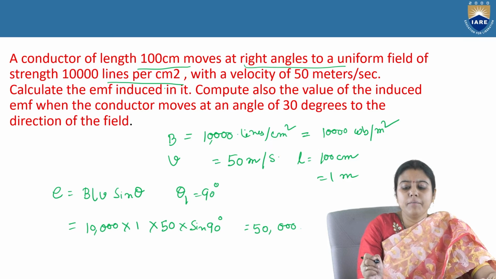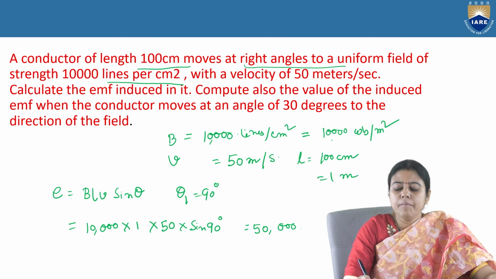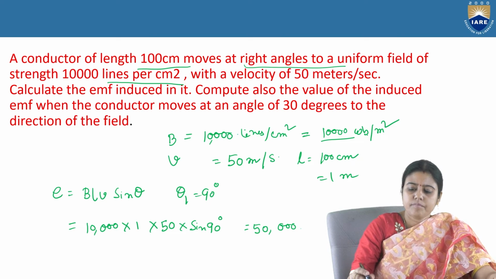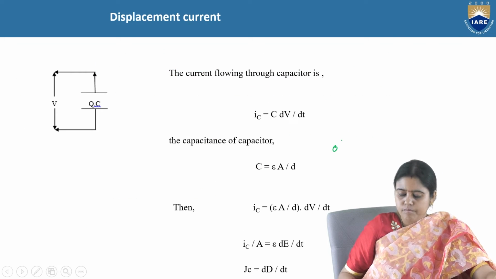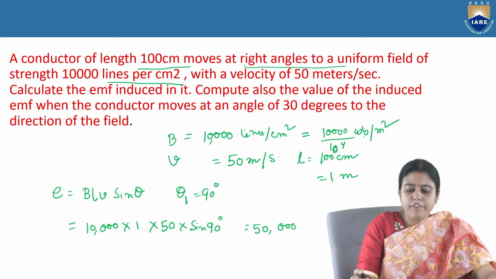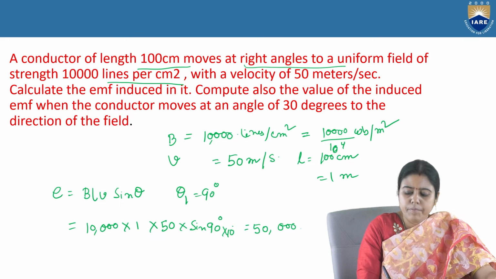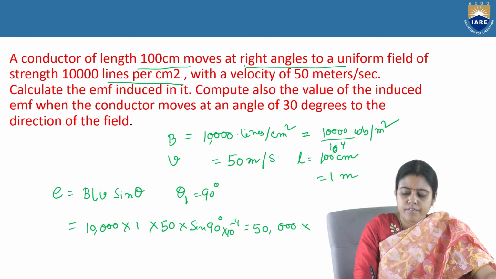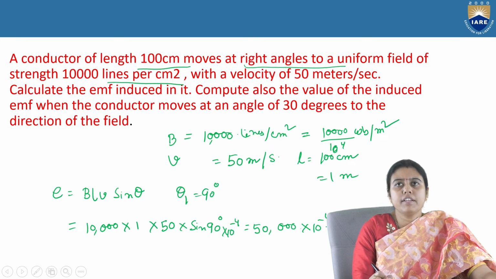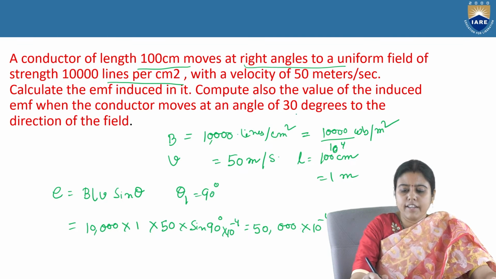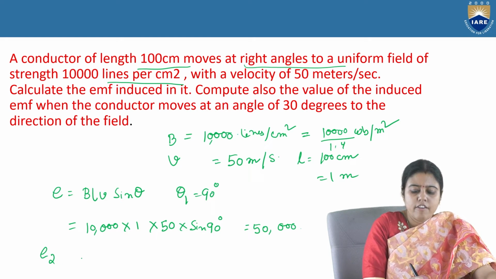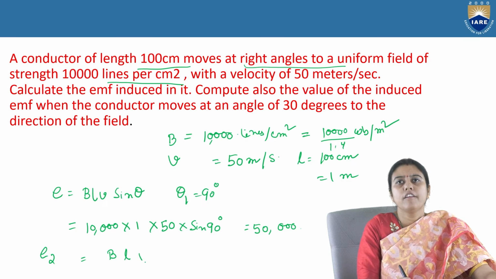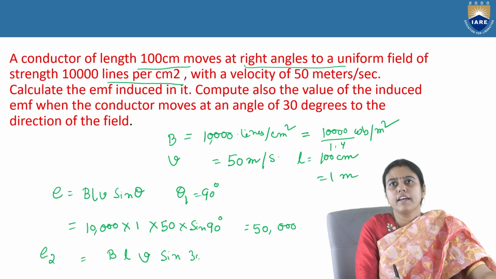Sorry, it is given in centimeter square, so we have to make it meter square, which means 10 to the power minus 4. So it will come to 5 volt. In the second case, theta is equal to 30 degree, what will happen? B L V sin 30 degree.